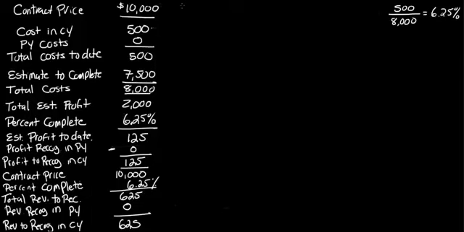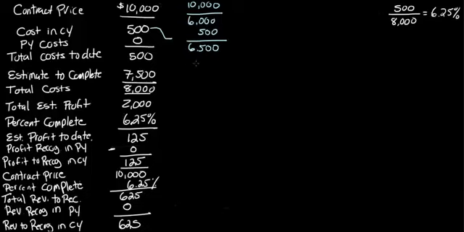All right, so our contract price in 2012 is still $10,000. That didn't change. Now, if I look at the facts, our costs in the current year were $6,000. My costs from the prior year were $500. So my total costs to date on this contract are $6,500.